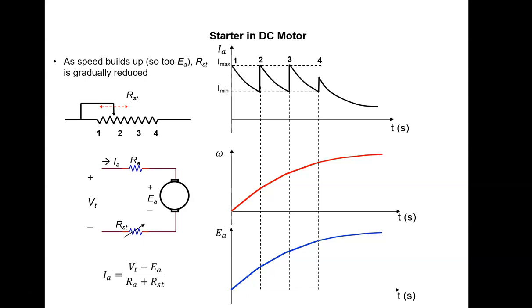As you can see, the armature current is limited within the range of Imax and Imin by gradually changing the position of the wiper from 1 to 4. At each position of the wiper, the value of RST has to be calculated such that the armature current is within the values of Imin and Imax.